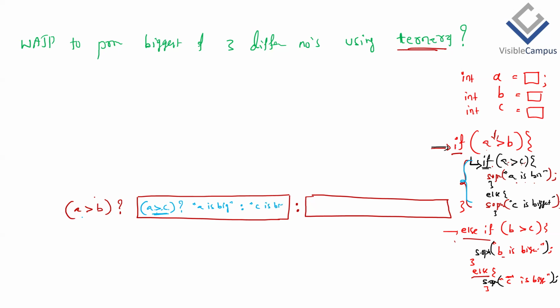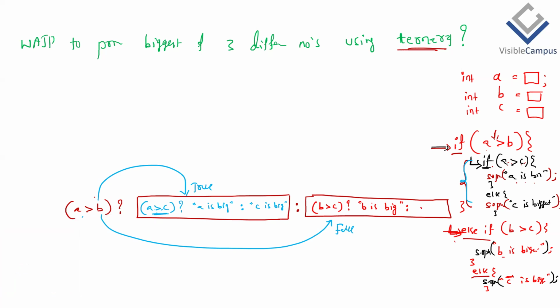If A greater than B is false, then what is to be compared? B greater than C or not. If this is true, B is biggest. Since it's a string, use double quotes. If this is false, C is biggest. That's it.